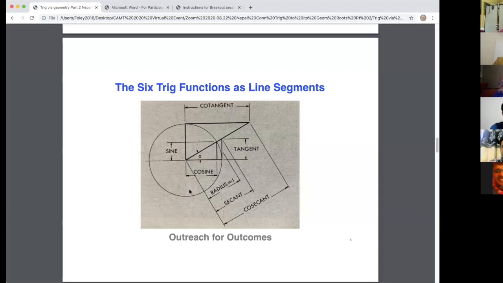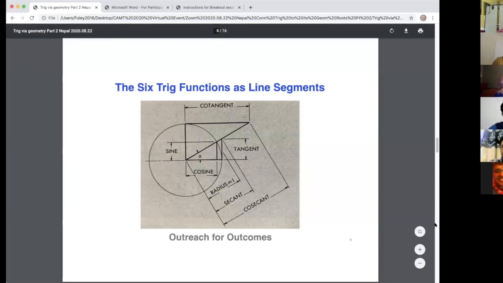So we might call these circular functions because not only are they associated with triangles, they're associated with circles. A circular function and a trigonometric function are one and the same thing. Tangent is a circular function. Tangent is a trig function. Tangent can be seen as a number or a length, just like we can think of the radius of a circle as a number or a length.